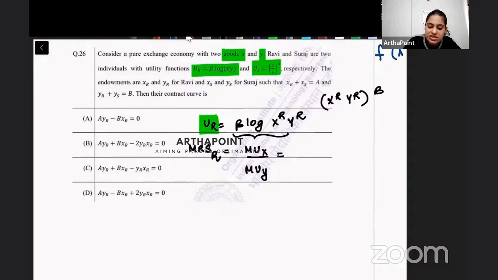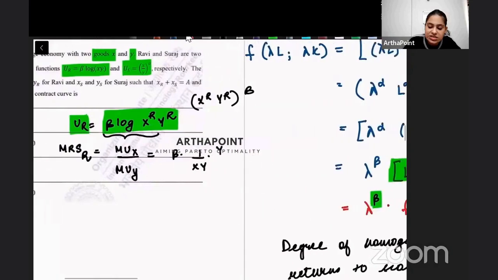Differentiate this with respect to x. You will get beta into 1 by xy, and the differentiation of xy with respect to x will give you y. Alternatively, if you had done it for the utility function xy to the power beta, what would you have got?